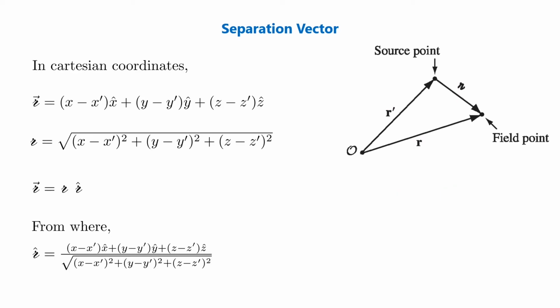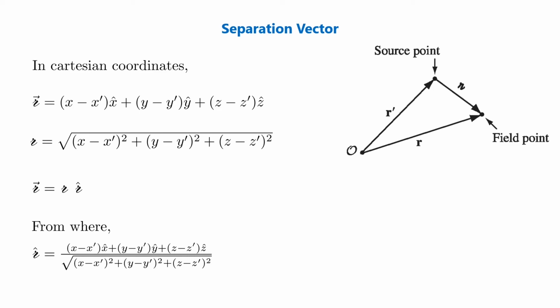In Cartesian coordinates, vector script r is equal to (x minus x prime) x hat plus (y minus y prime) y hat plus (z minus z prime) z hat. And the magnitude of script r is the square root of (x minus x prime) the whole square plus (y minus y prime) the whole square plus (z minus z prime) the whole square.